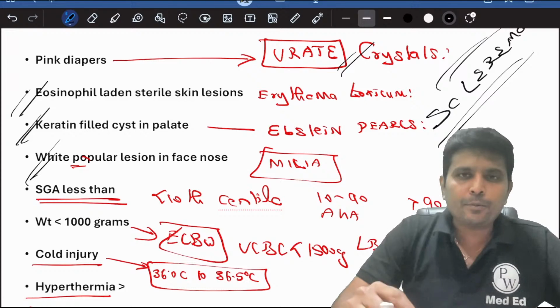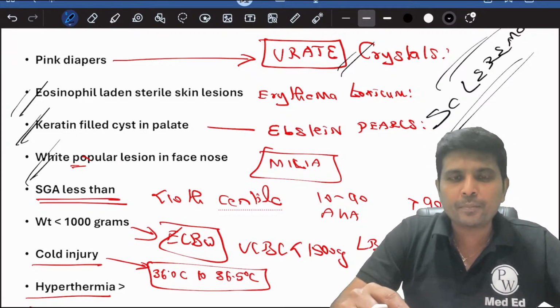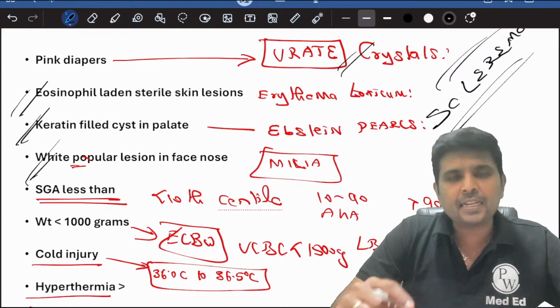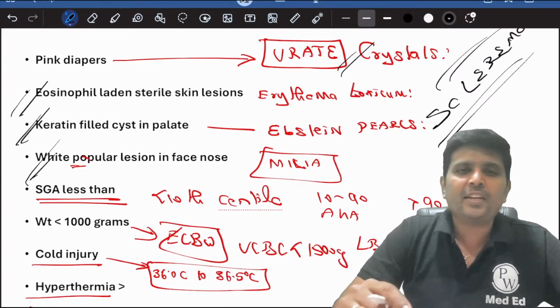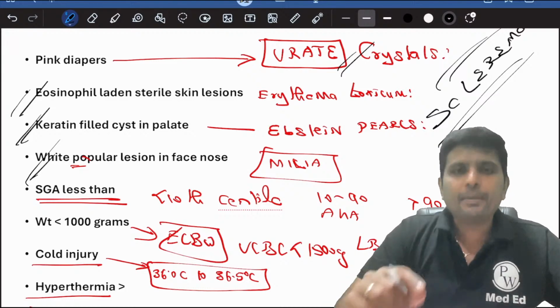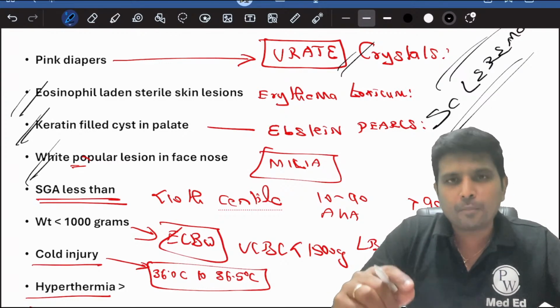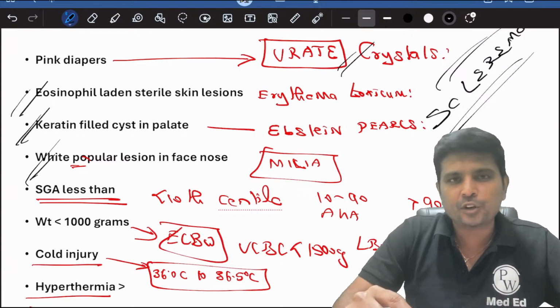And then what is called hypothermia? A temperature of less than 36.5 degrees Celsius is called hypothermia. The temperature between 36 and 36.5 degrees Celsius is called mild hypothermia, or cold injury, or cold stress. Temperature between 32 and 36 degrees Celsius is called moderate, and less than 32 degrees Celsius is called severe.